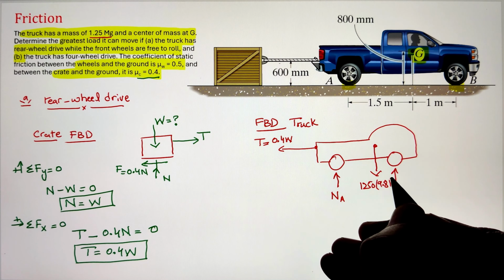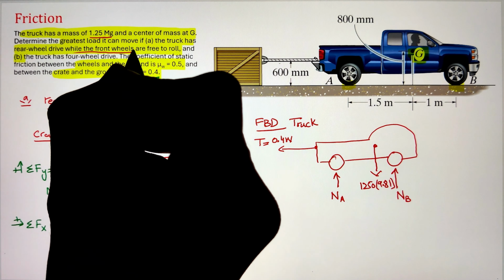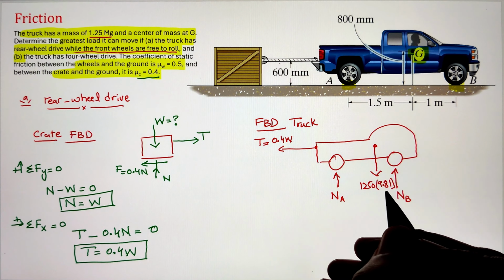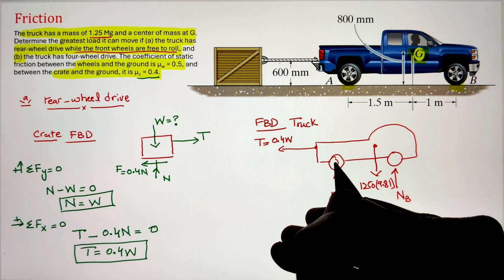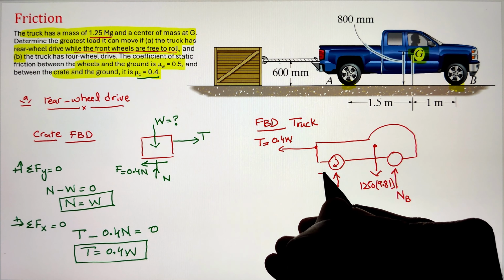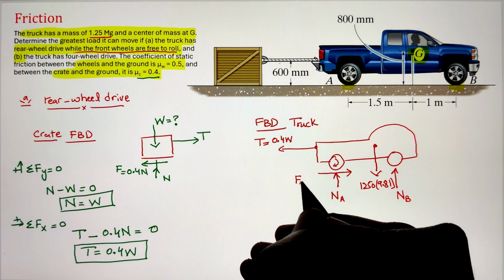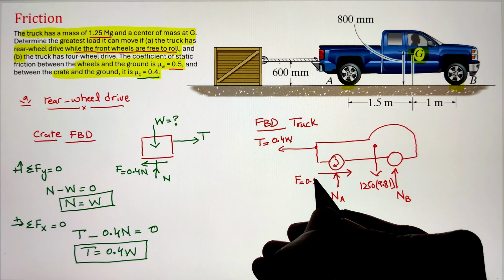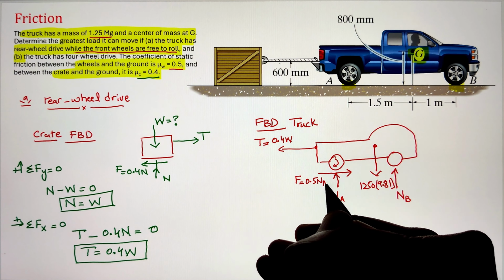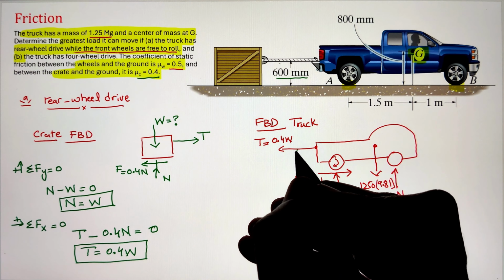and it is acting vertically downward. Next, since we are given that the front wheels are free to roll, there won't be any frictional force. Whereas on the rear wheels, since the truck is moving forward and the motion of the wheel will be in the clockwise direction, the frictional force will oppose that motion and its value will be equal to mu times the normal force, whereas mu in this case is 0.5.